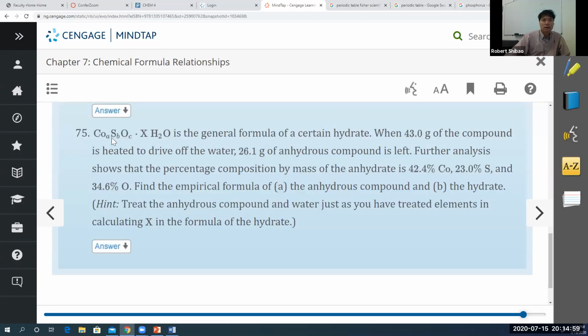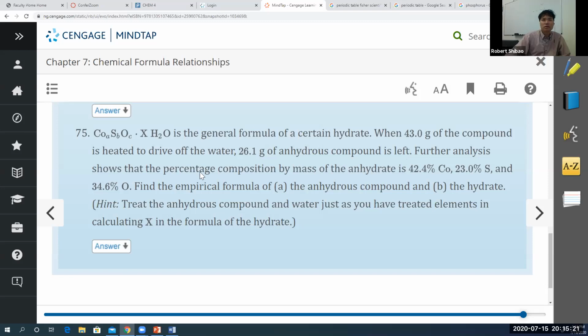Cobalt A, sulfur B, oxygen C, dot X H2O is the general formula of a certain hydrate. So we have a lot of unknowns: A, B, C, and X. That's 4 unknowns. When 43.0 grams of the compound is heated to drive off the water, 26.1 grams of anhydrous compound is left.